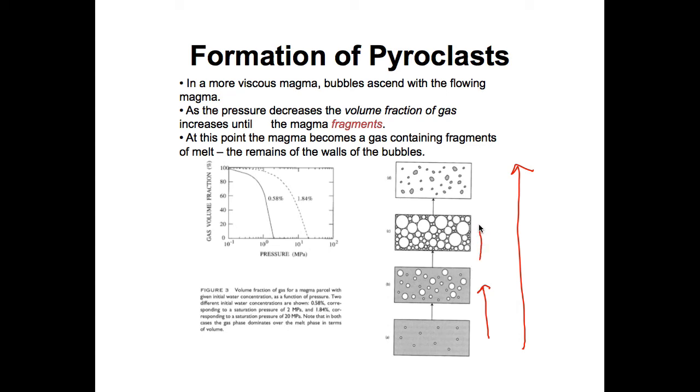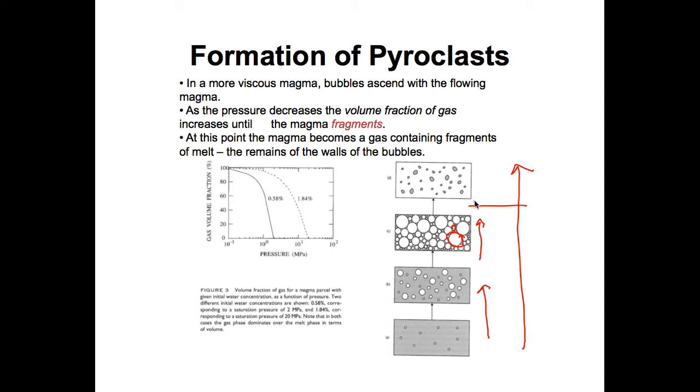And at some point, about here, you get what you'd actually call a foam. This looks like the foam on a carbonated drink or beer, where it's mostly bubbles with just a little bit of liquid surrounding the bubbles or sitting in the interstices between the bubbles. And then finally, when the bubble concentration reaches a critical value, which is something like 70% bubbles, then the bubble walls start to break. And we call that fragmentation.